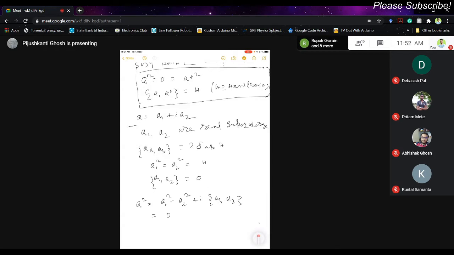An operator being Hermitian means it's real valued, and a non-Hermitian operator means it's complex valued.